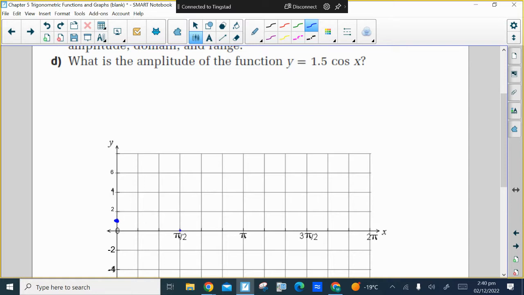Our critical points are at every pi on 2. So the next one will be a middle, then a minimum, back to the middle, back to the maximum. So there's the graph of y equals cosine x, our base graph.